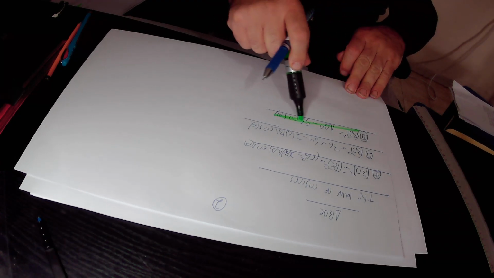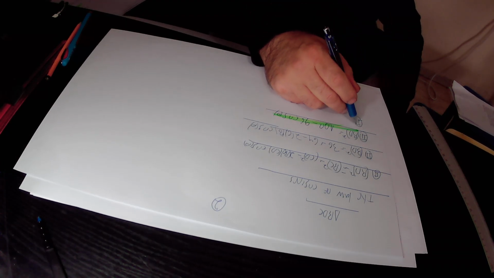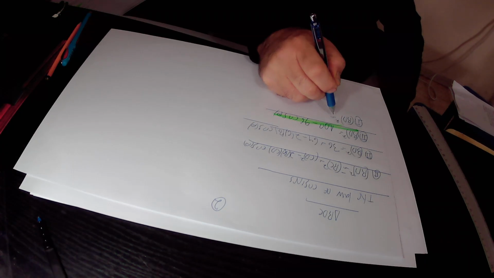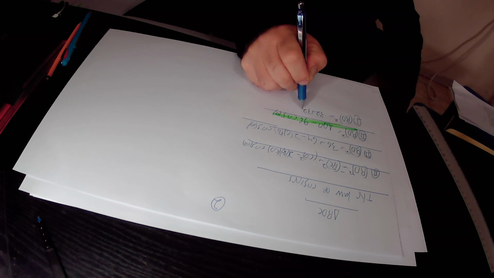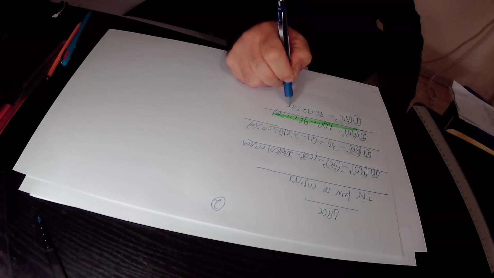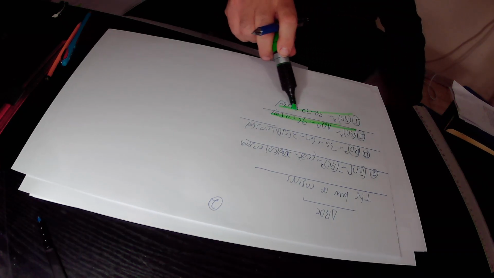This is according to equation 2, and according to equation 1, we found out that BD squared equals 32 plus 32 times cosine theta. So we have two different equations for BD squared.